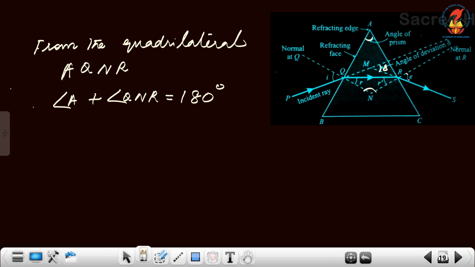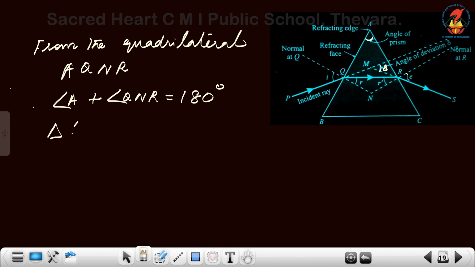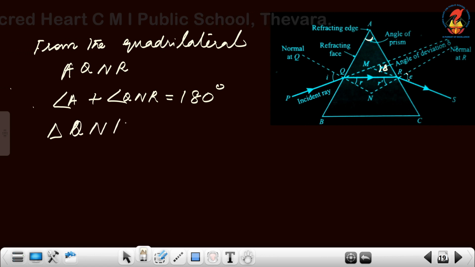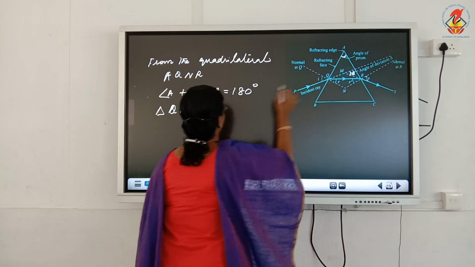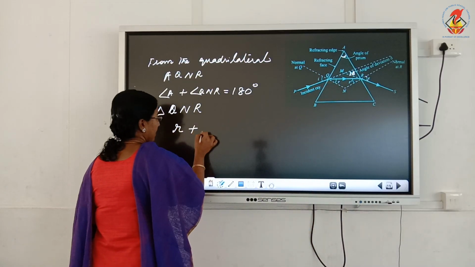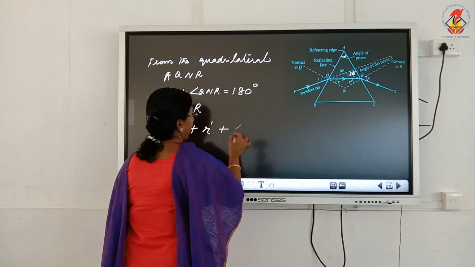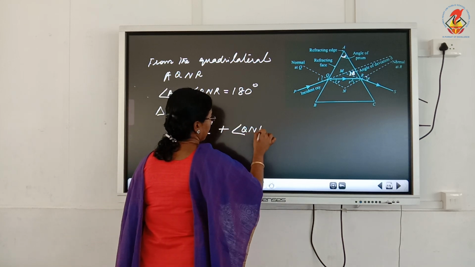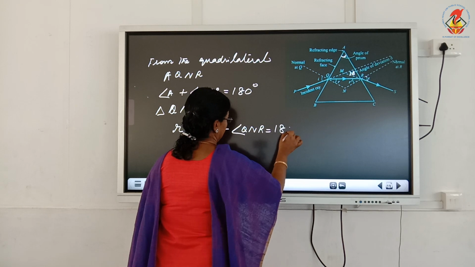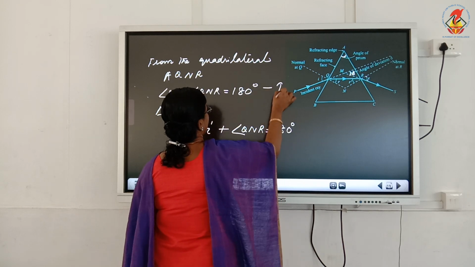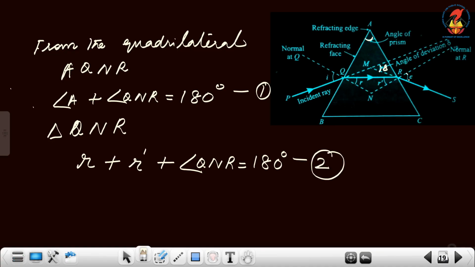And also from the triangle QNR, the total angle is equal to 180 degrees. So we can write r plus r dash plus angle QNR is equal to 180 degrees. This is equation 1, this is equation 2.